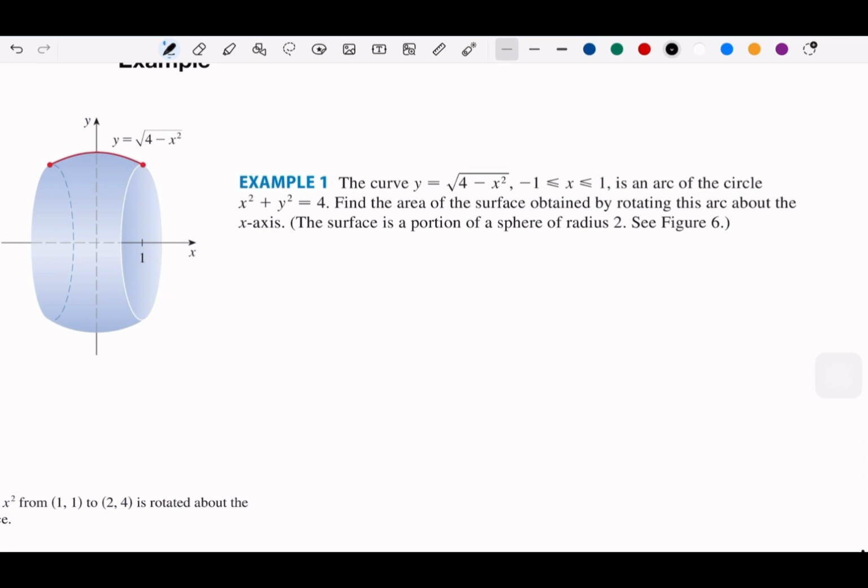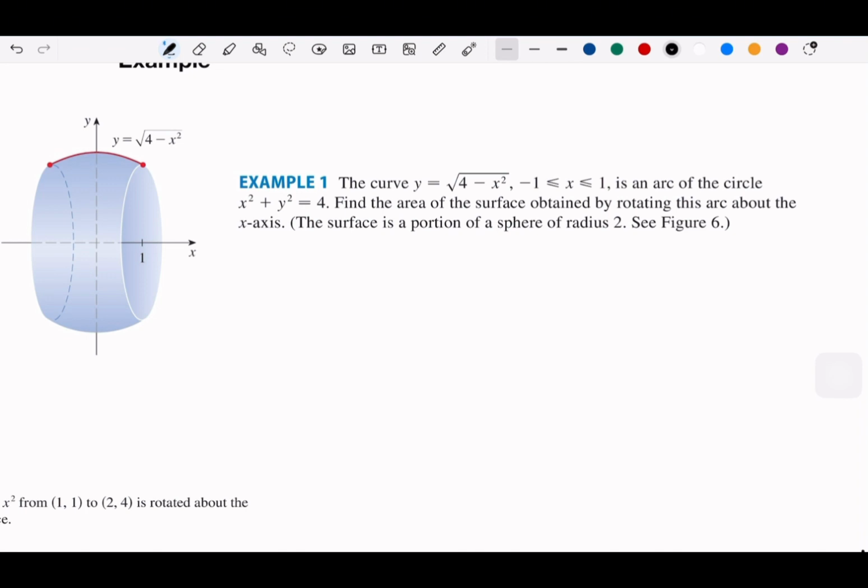That one is already in the form y equals function of x. You have the boundary, -1 to 1. Which means that that will be the area that needs to be integrated.